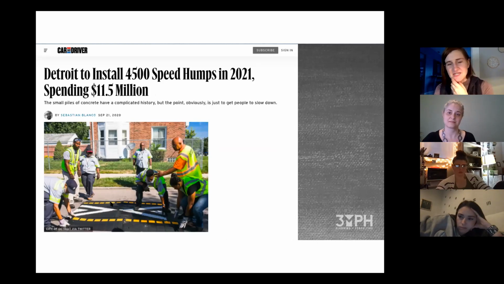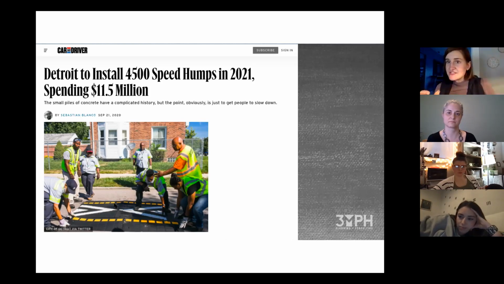One thing people sometimes recommend in planning, if you have a little bit more money, is a raised crosswalk. And I know you can do different textures with that, which I think can be helpful. It makes it so drivers have to slow down a little bit.